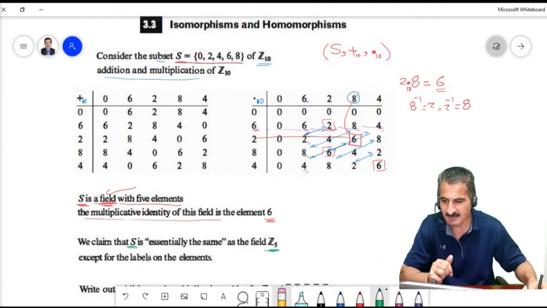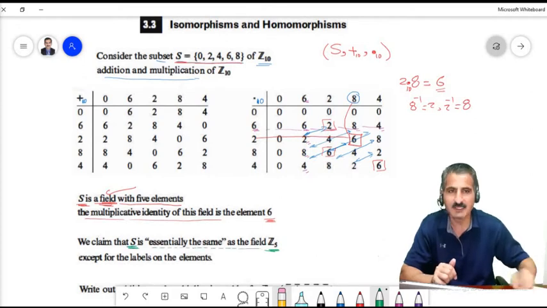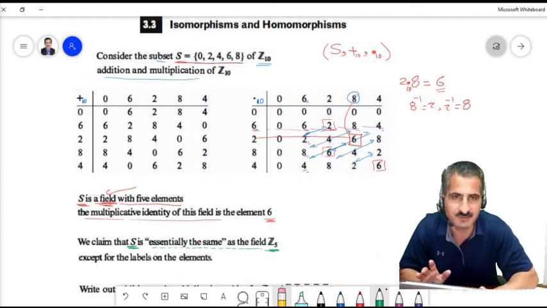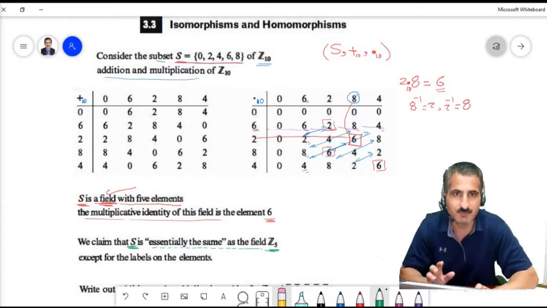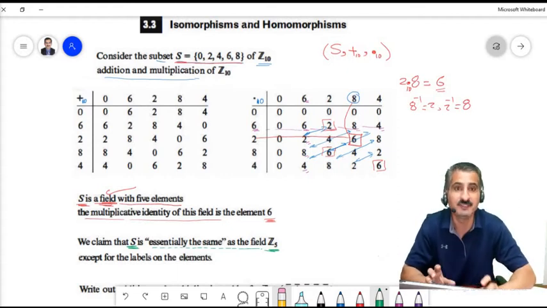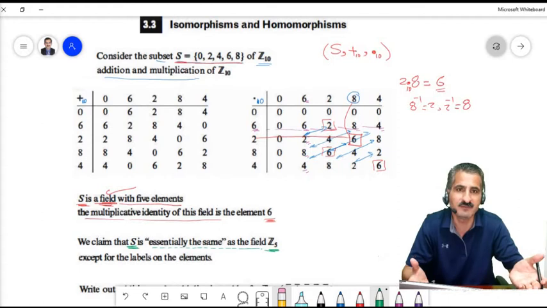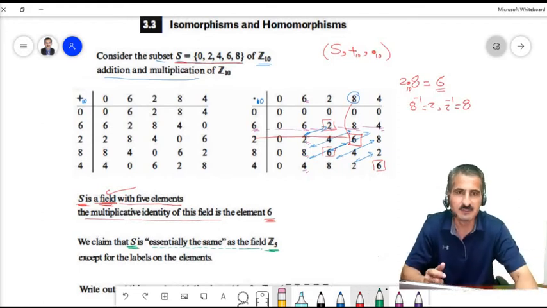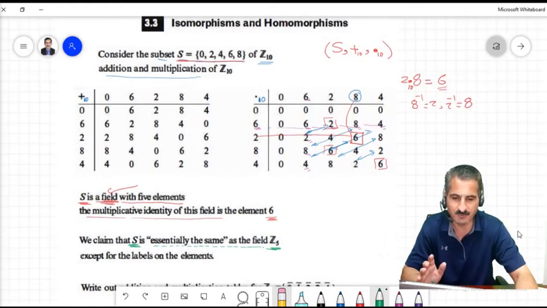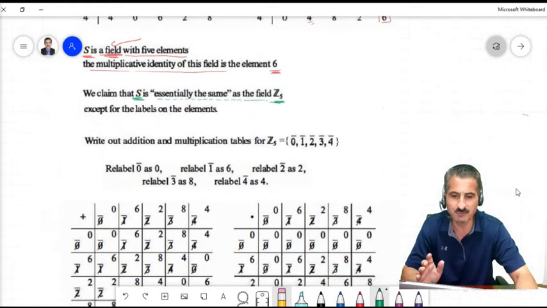S and Z5, we look at them as the same mathematical structure, the same ring. Both of them are rings, both of them are fields. And we are looking at Z5 and S as one field. They have the same structure. Why do we look at them as one field? Let's see how we do it, the same as we have done in group theory when we learned about group homomorphisms.